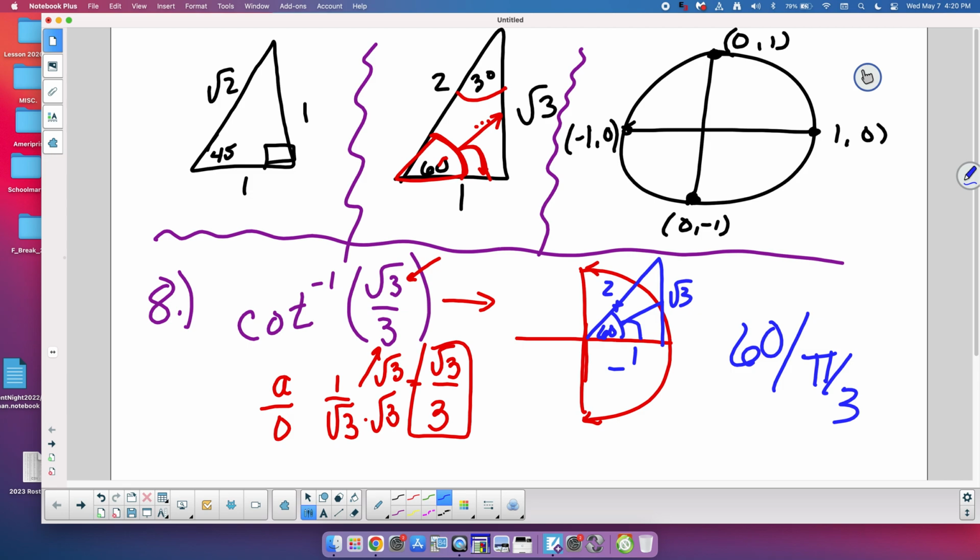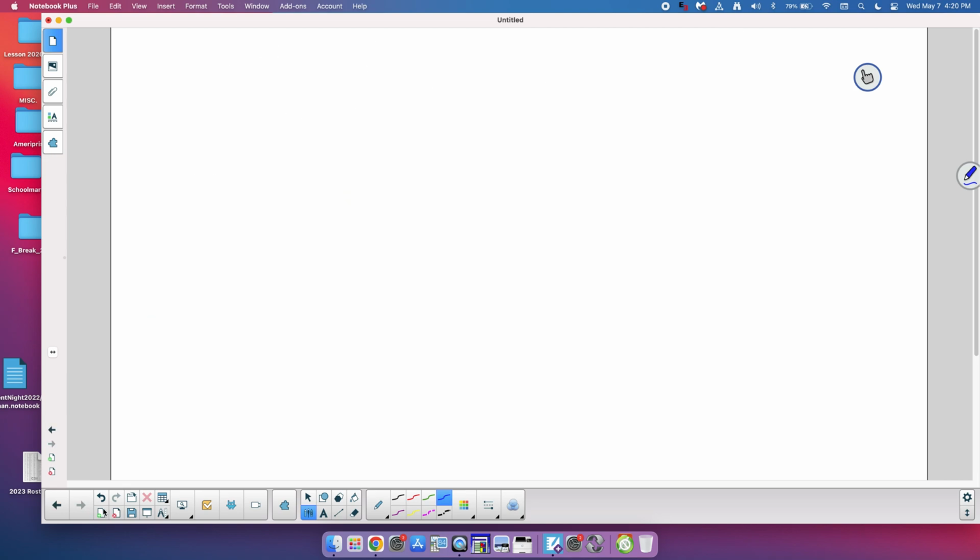All right, let's go to a different one. I'm going down a little further. Let's go, how about 10? Number 10 is inverse cosecant of 1 over 1, right? Okay. You got to understand, cosecant is really just a hypotenuse over opposite, because it's the reciprocal of sine.